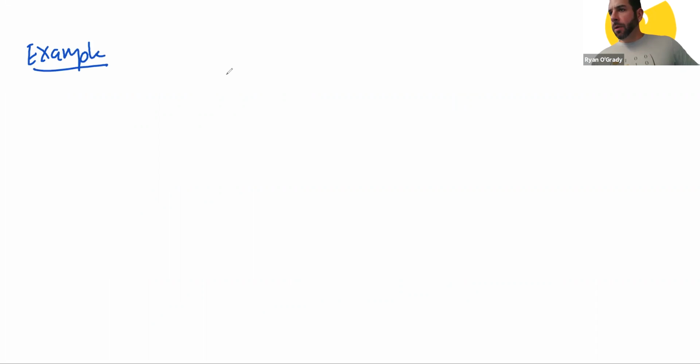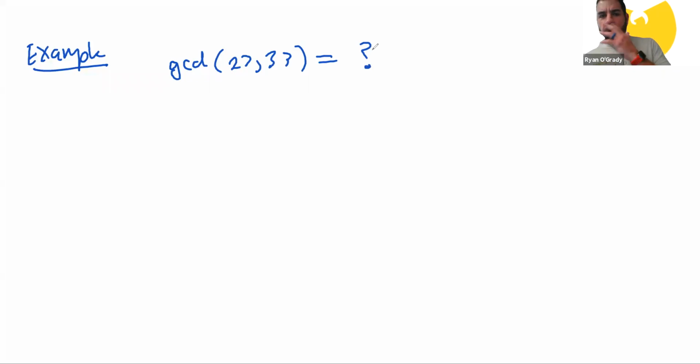So let's say we want to know the GCD, and again, we'll choose little smaller numbers. How about 27 and 33? It's not going to take long for you to recognize that the answer here is 3. But let's see how the algorithm gives it to us.